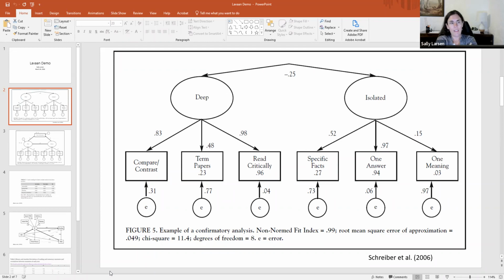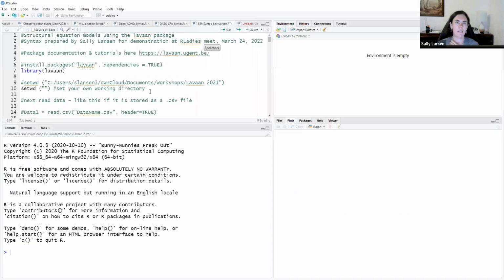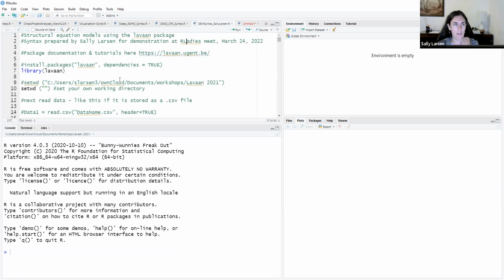And so what I did was I just took the correlation matrix out of the paper, and I'll show you how you can code that into R so that you can actually attempt these models yourselves. So I'll just go to my RStudio screen. Okay, so if you've been onto the GitHub, you should be able to see this syntax.